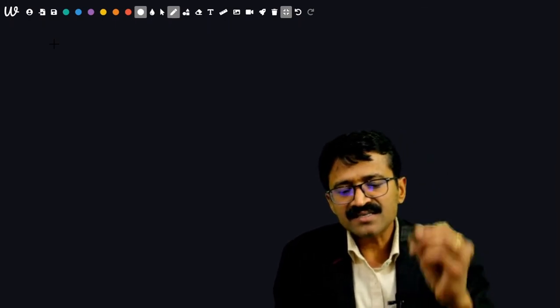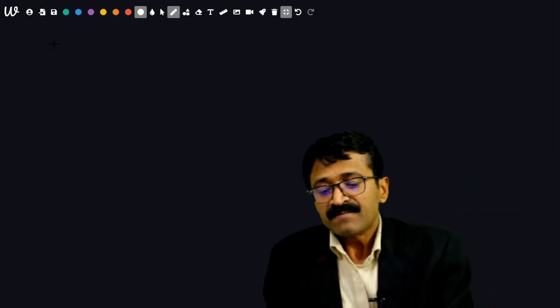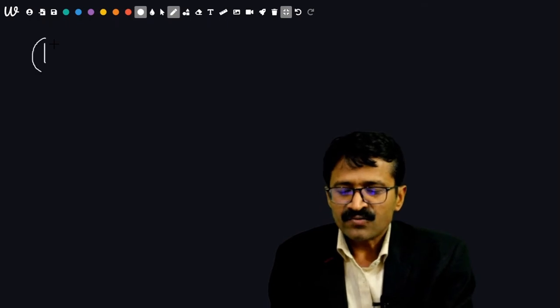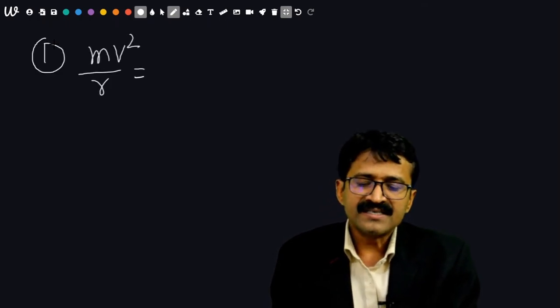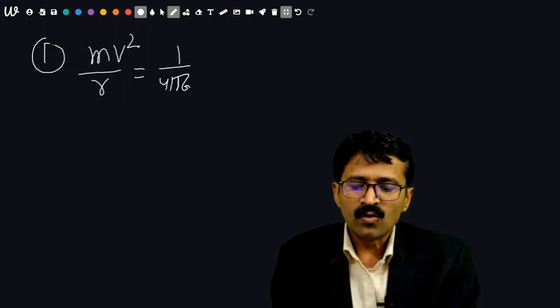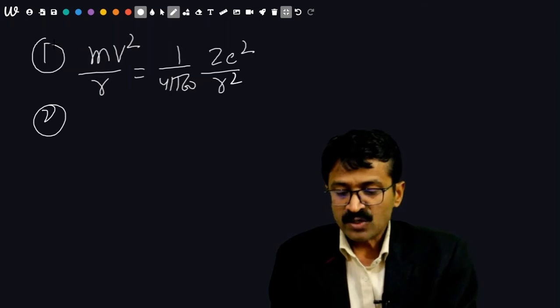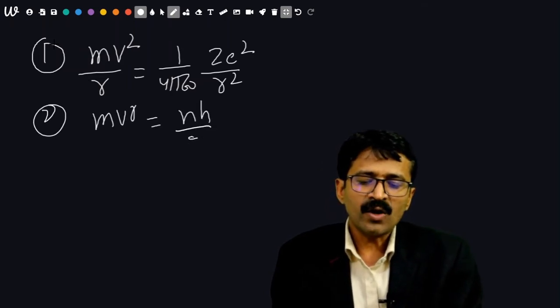Now we shall discuss about the orbital velocity. What about the orbital velocity? For this purpose, we have to take two postulates again. First postulate is mv square upon r is equal to 1 upon 4 pi epsilon naught Ze square upon r square. Second postulate again mvr is equal to nh upon 2 pi.